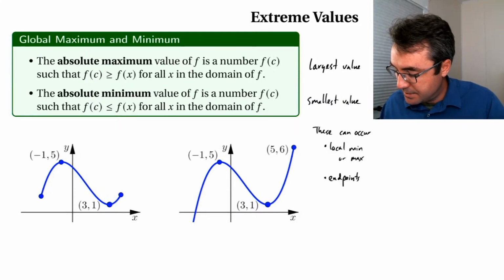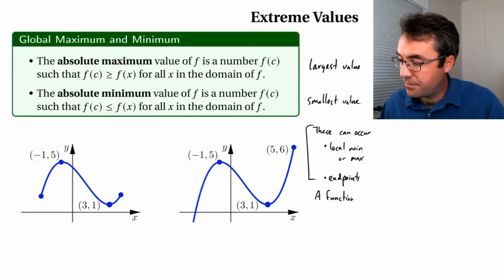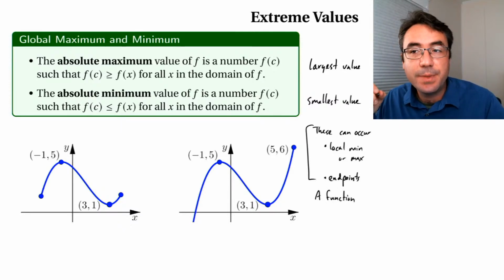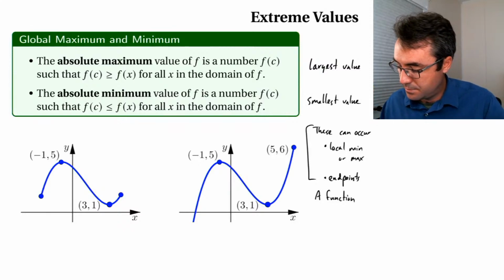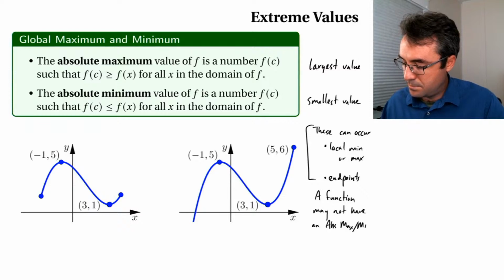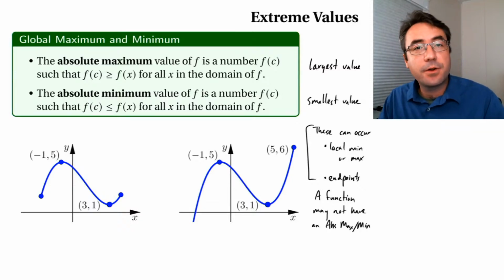Another option is that a function does not necessarily have to have an absolute max or an absolute min. So it might have one and not the other, might have neither of them, or it might have both.